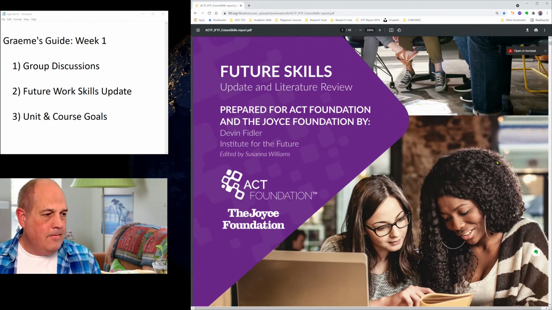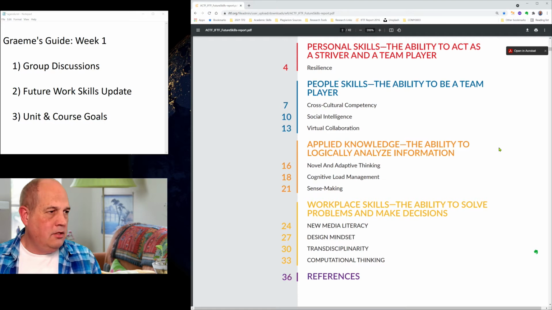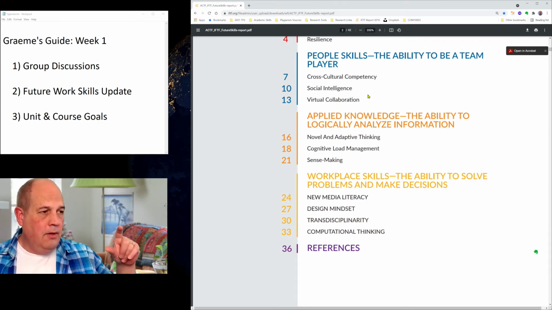Now, when we go down here to the table of contents, you will see that these future work skills, if you've done the future work skills reading, will be familiar to you. Cross-cultural competency, social intelligence, virtual collaboration. They've combined these together under the heading people skills.